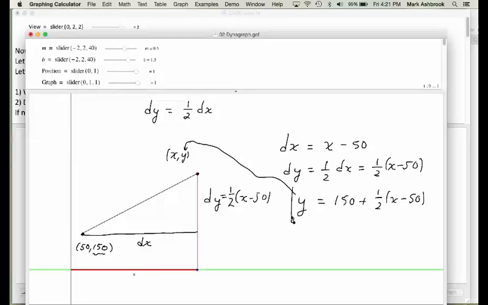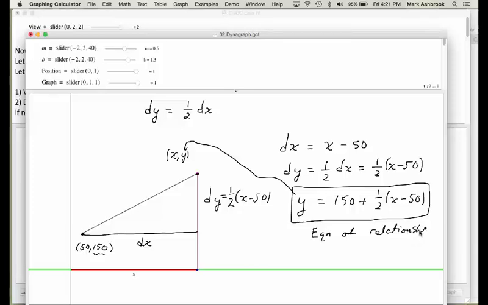So what did we just do? We just wrote the equation of the line. This equation generates any value of y given any value of x. And so it's the equation of the relationship between x and y.